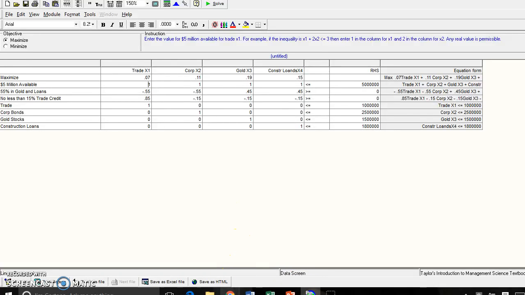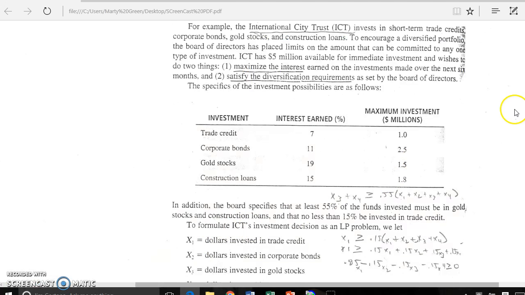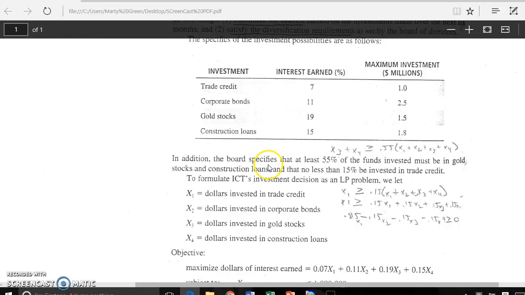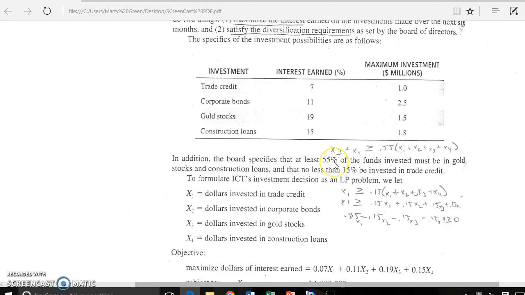It gets a little bit more tedious as we look into our next criteria, and that is, in addition, the board specifies that at least 55% of the funds invested must be in gold stocks and construction loans. And the way we've got, of course, X1, X2, X3, and X4.